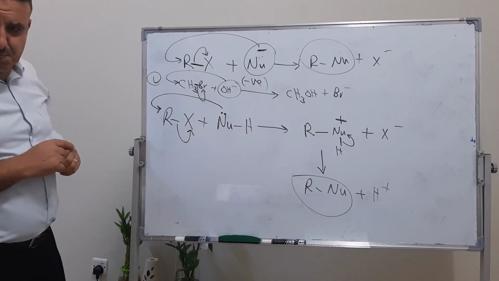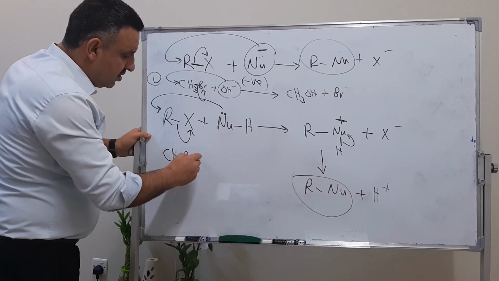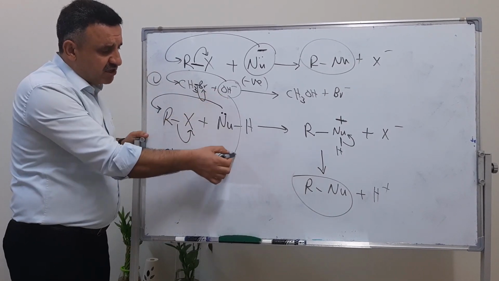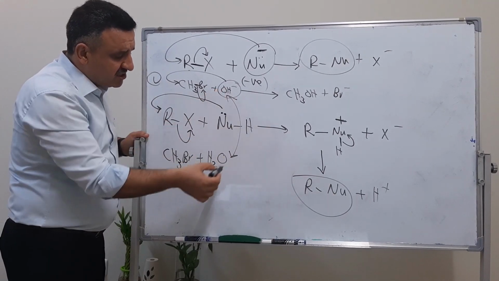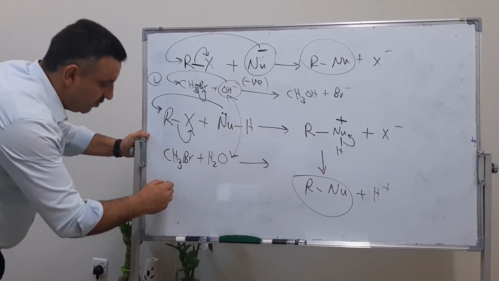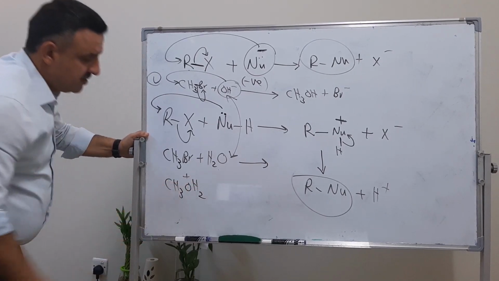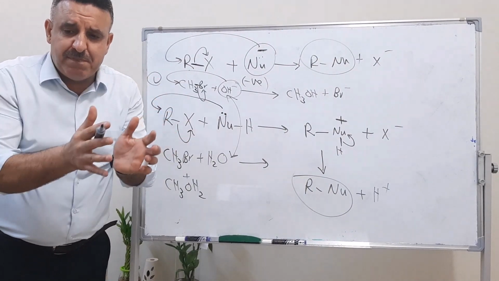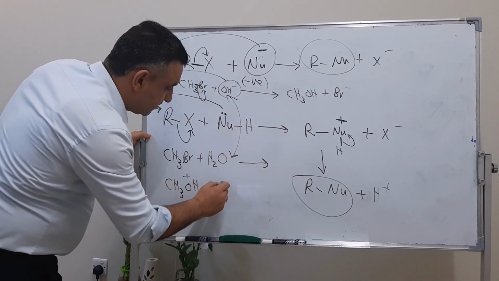Let's take a specific example. If we allow CH3Br to react with water, which is simply the neutral nucleophile of the OH, can you see the difference between the two nucleophiles? This is negatively charged, this is a neutral one. In this case, the first intermediate product will be CH3OH2 plus, because this neutral nucleophile will be bonded to the carbon, and then the halogen will leave, plus Br minus.